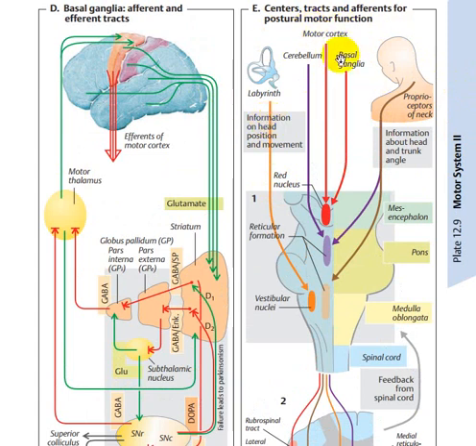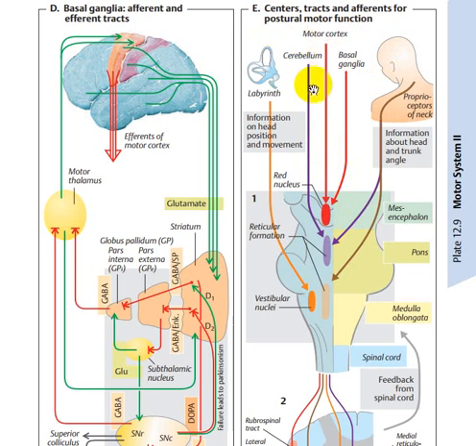The motor cortex and the basal ganglia function in proprioception and postural motor function, in order to maintain your posture, by synapsing at the level of the red nucleus.